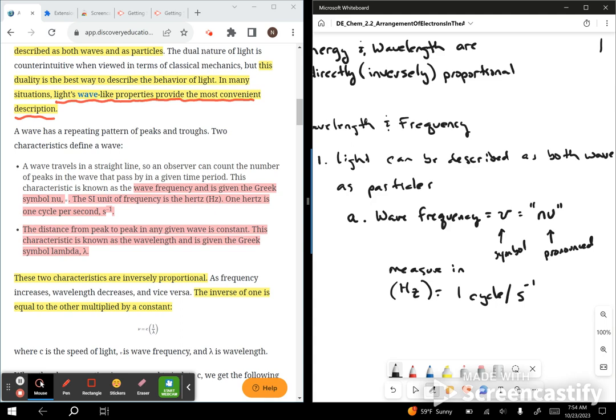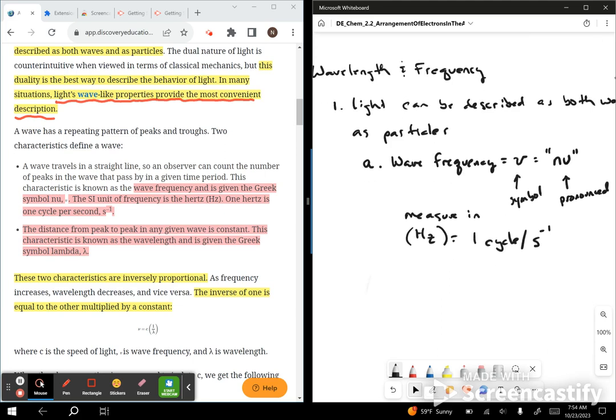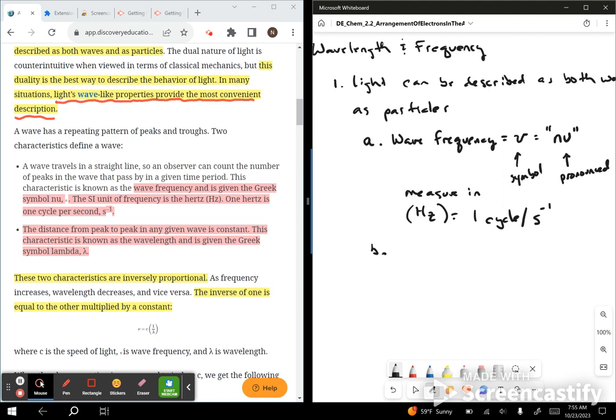The distance from peak to peak in any given wave is constant. This characteristic is known as the wavelength. Okay, so I think we already described that, but we'll go ahead and write that over here. B. It's described as wavelength, and we use the symbol lambda.